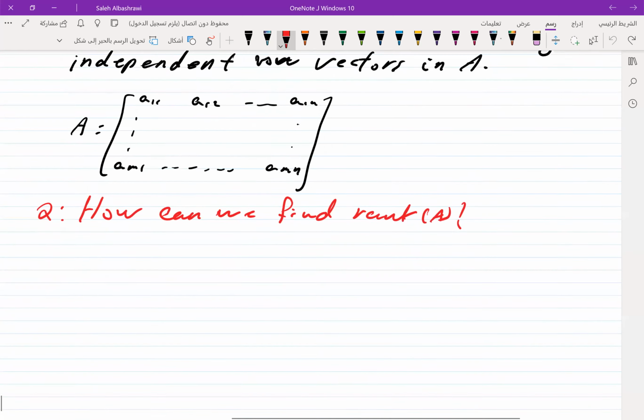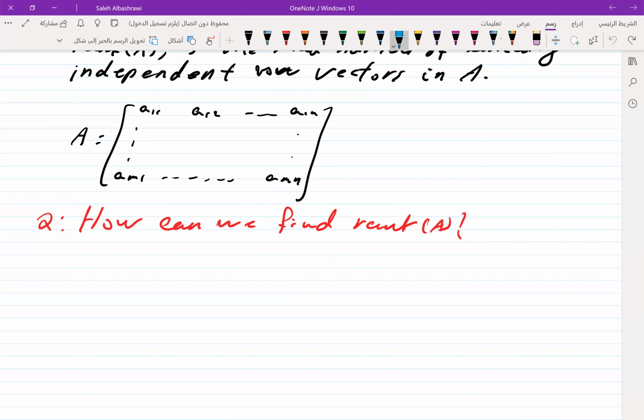Before doing that, let's write some remarks on the rank of a matrix by row reduction.